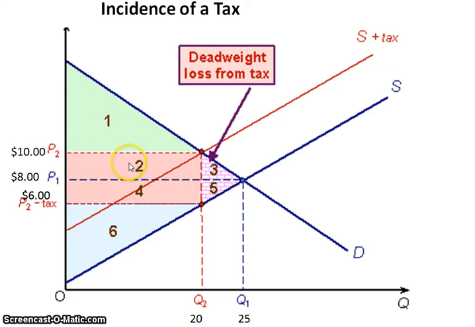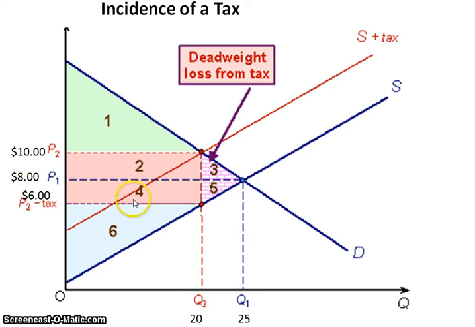For producer surplus, we're looking at above the supply curve and below the equilibrium price. Initially, producer surplus was areas 4, 5, and 6. But now, producers are willing and able to still supply this product along this original supply curve, so this is the supply curve that we use when looking at producer surplus.